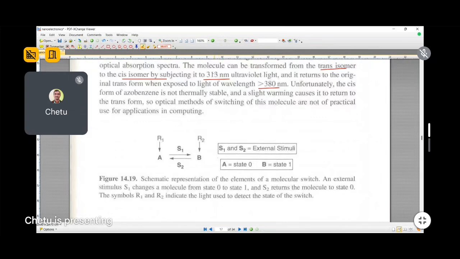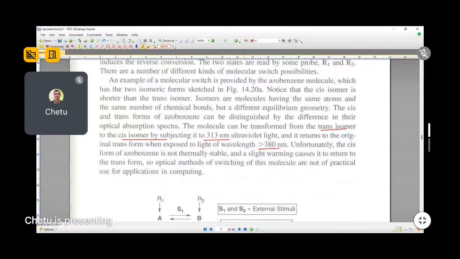So there are two wavelengths. This is ultraviolet and this is visible light, 380 nanometers, more than that. So by using two light pulses, you can change the state of these trans and cis isomers, and thereby you can change the conductivity if they are connected with an electrode.